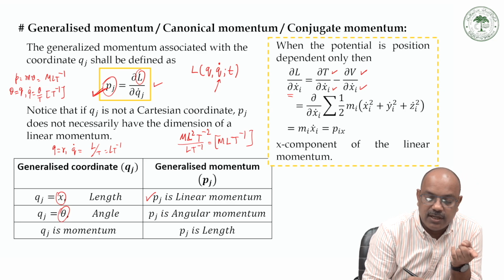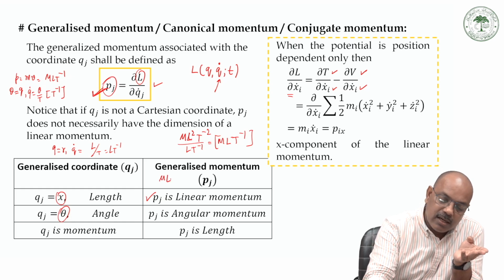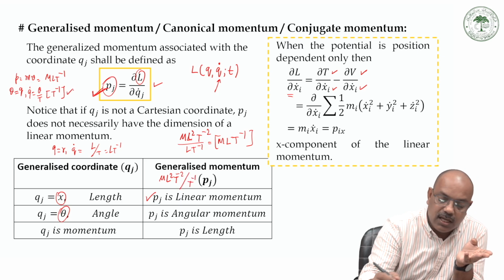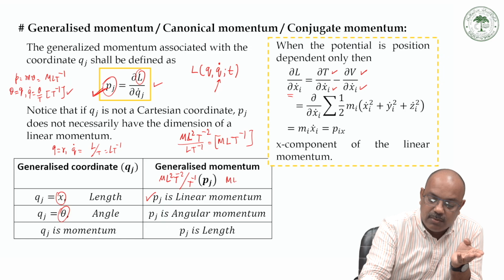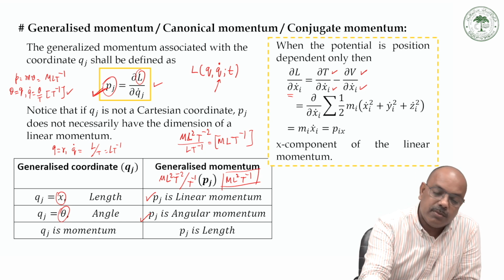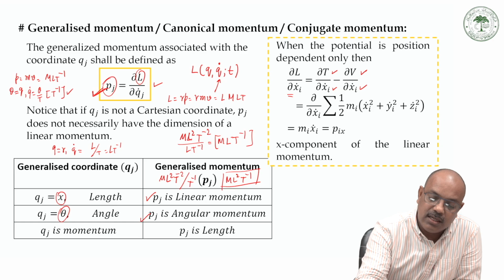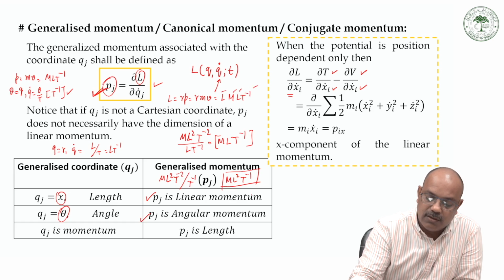So what you have is ML squared T to the minus 2, then T to the minus 1 from the denominator in the case of theta, giving ML squared T to the minus 1. ML squared T to the minus 1 is the angular momentum, because angular momentum L is r times p, which is r times mv. This is L, M, and then L T to the minus 1, so ML squared T inverse.